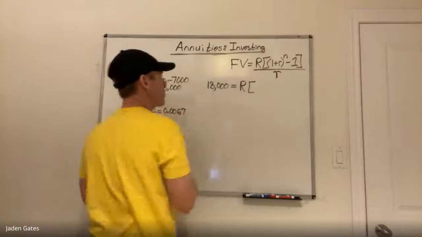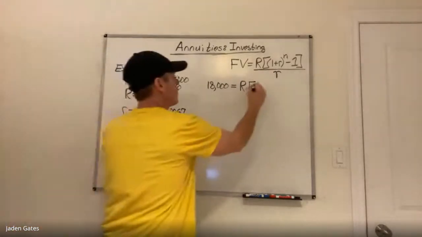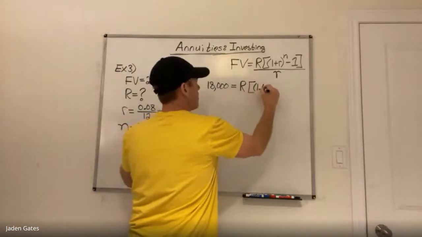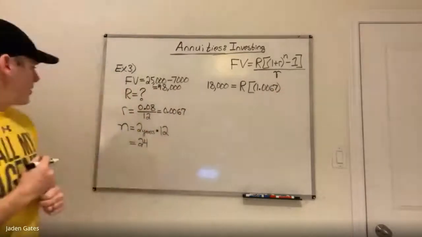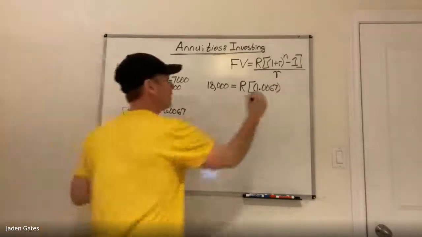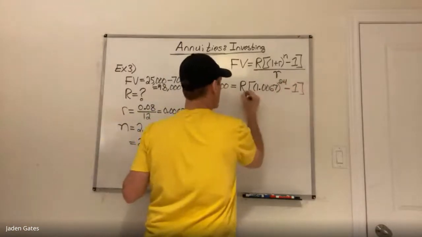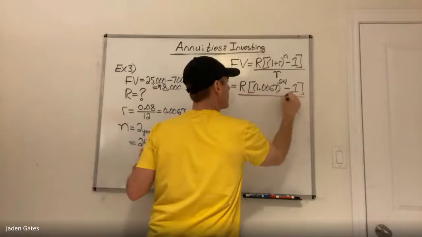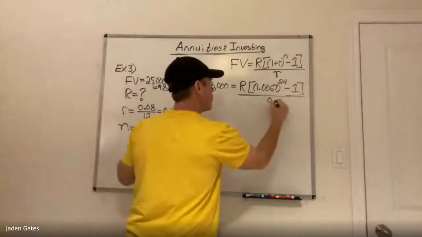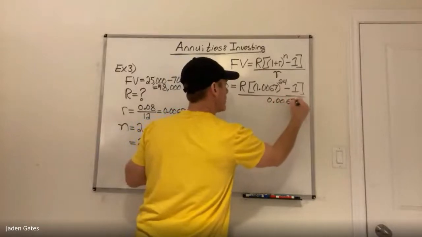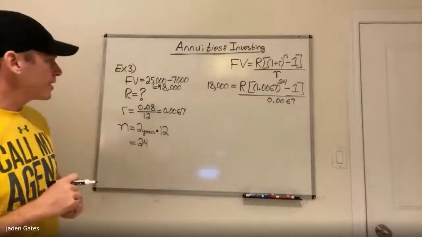Again, we got our square brackets. 1 plus R. Well, there's our R, so we're going to have 1.0067 to the power of n, which is 24, minus 1 there. And of course, I cannot forget our interest rate in the bottom, which is the 0.0067. All right, so just like before, I'm going to have to do some work, maybe a little bit of difference at the end here.